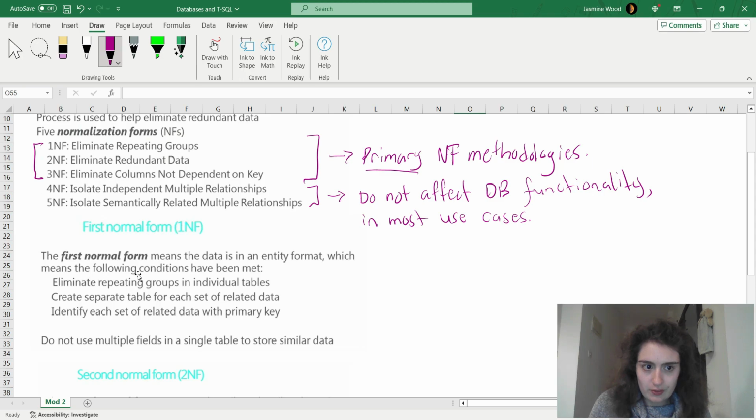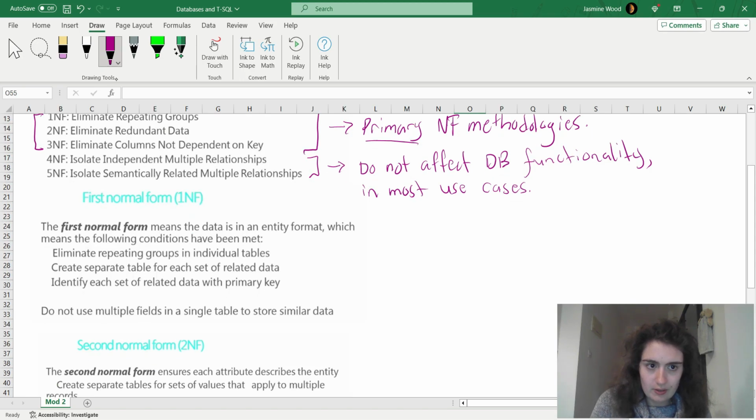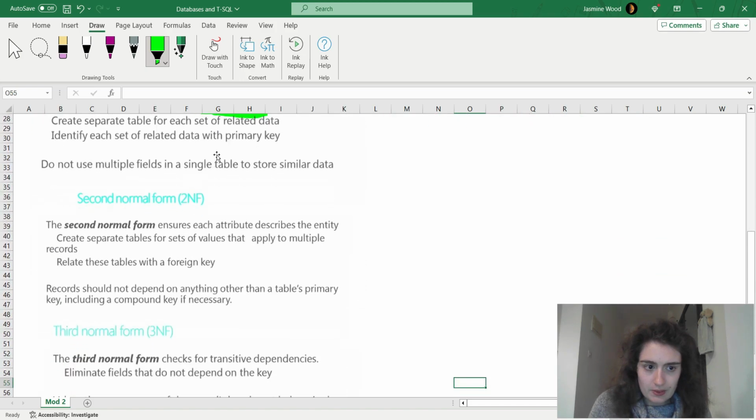The first of which is eliminating repeating groups in databases, such as columns that are repeating in individual tables. And the second one, the second normal form, has to do with attributing what's called a foreign key between sets of data or sets of values.